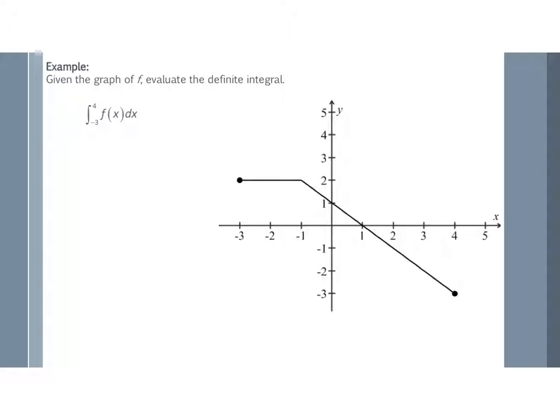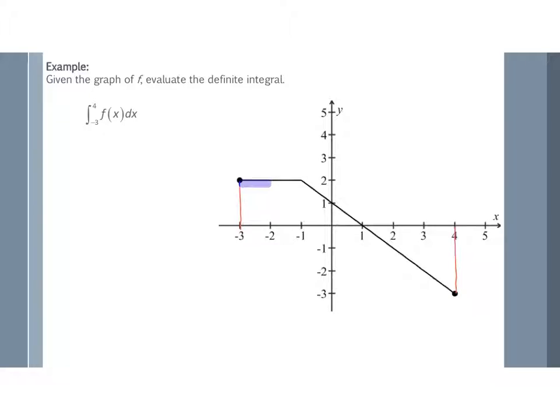Now we can put it all together because we are looking at the definite integral of this same function from x equals -3 to x equals +4. But we found this area in 2 pieces so far.